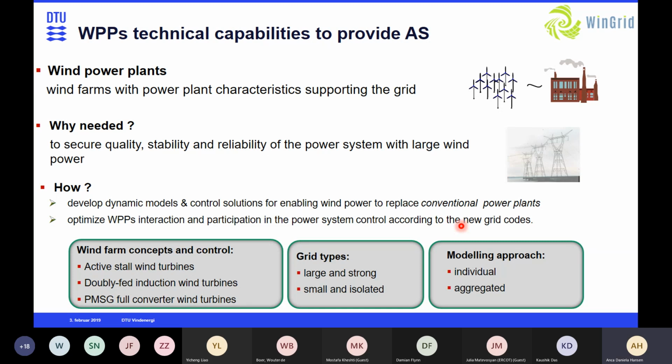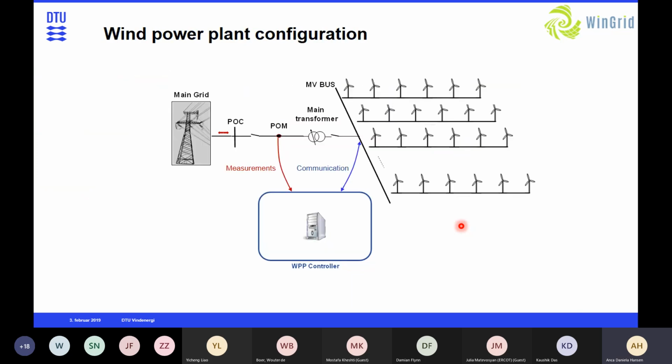Aggregated modeling, and maybe most of you are using this, is used for power system studies, where the focus is on the impact of the entire farm on the power system. Here, we represent the entire wind farm by an equivalent lumped wind turbine with a pre-scaled power capacity.